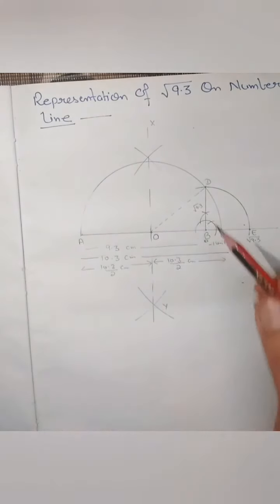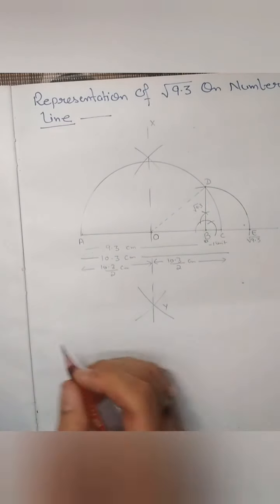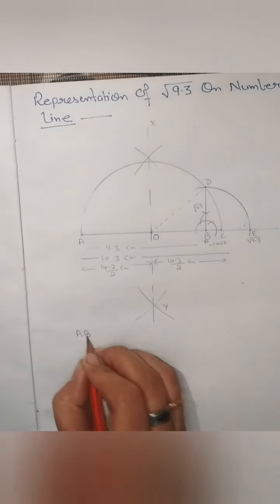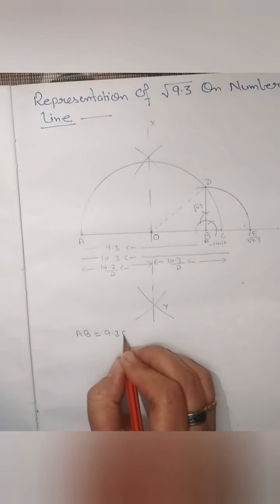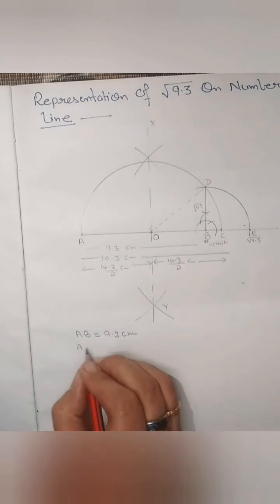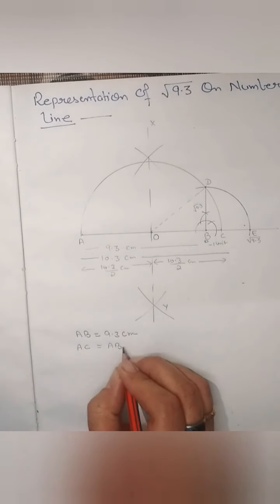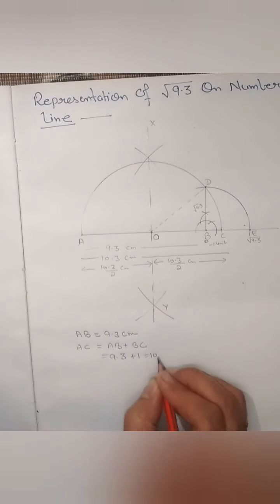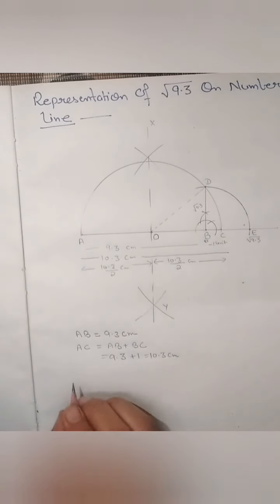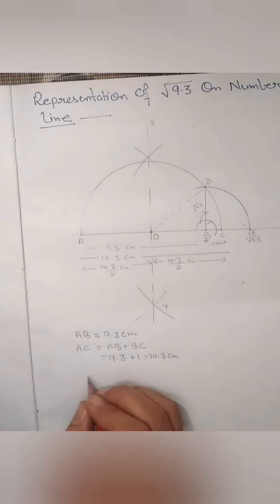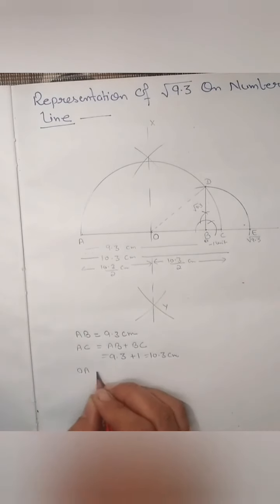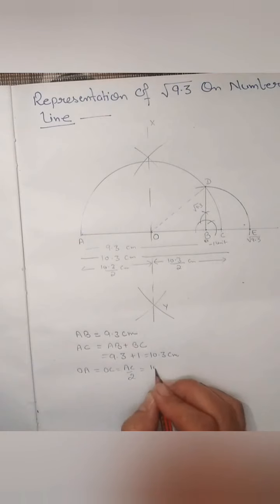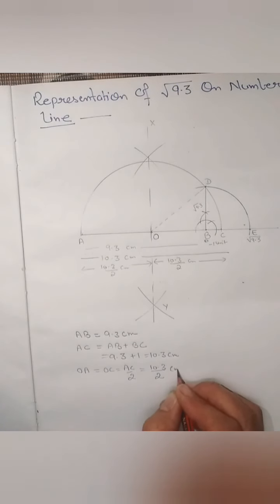Now once again, let's see how BD is root 9.3. We know that AB is equal to 9.3 centimeter. AC is equal to AB plus BC, that is 9.3 plus 1, 10.3 centimeter. Now OA will be equal to OC, that is half of AC, that is 10.3 upon 2 centimeter.